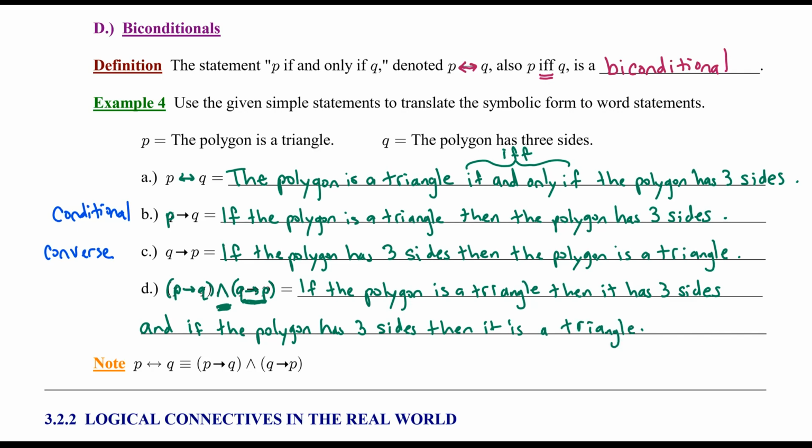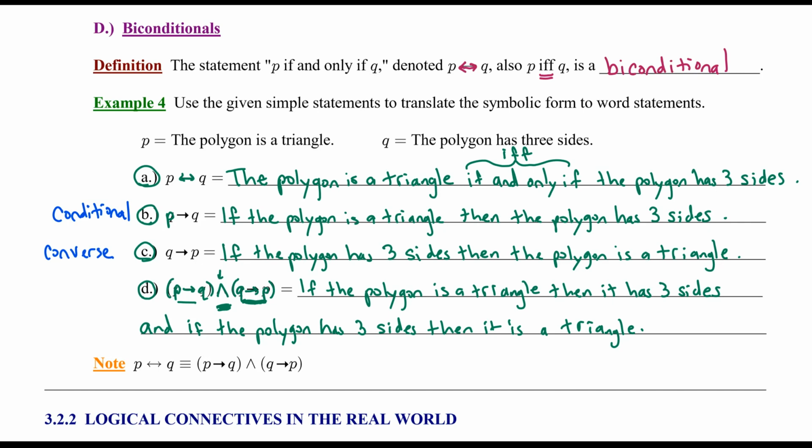So we're building up to something here. We're practicing going from symbolic form to word form, but we're also doing this to make a point. We started with the biconditional, P, if and only if Q. Then we examined 2 directions of the conditional and its converse. Notice example D is the conjunction of the conditional and its converse. That's basically what the biconditional represents. The biconditional is 2 conditionals in one.